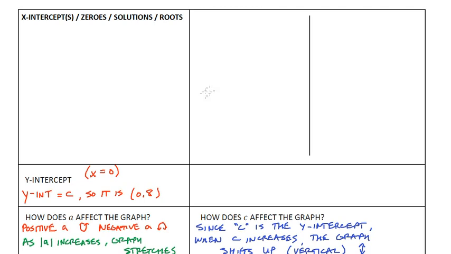So in this video, we're going to find out how to directly find the x-intercepts by using a formula called the quadratic formula. In the box on the left side, we're going to write quadratic formula.